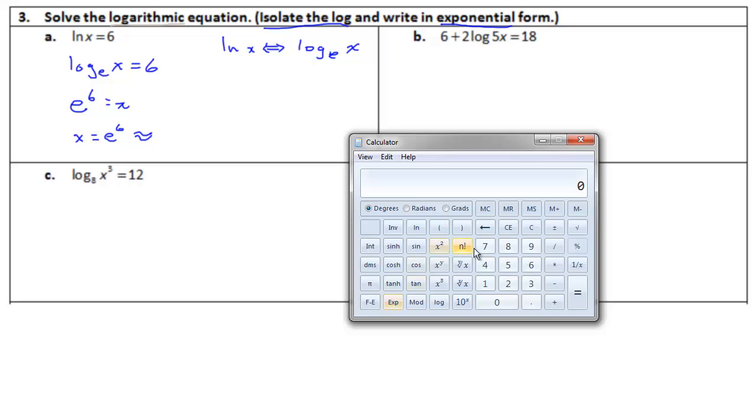There we go. You have to hit the inverse. e to the 6 equals.